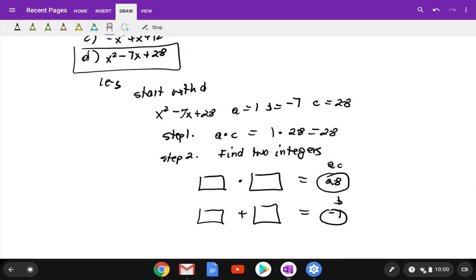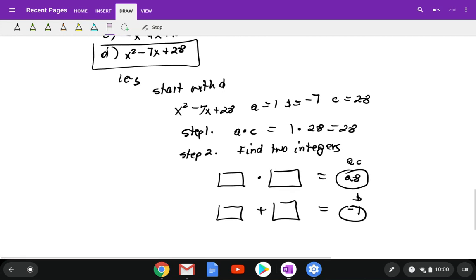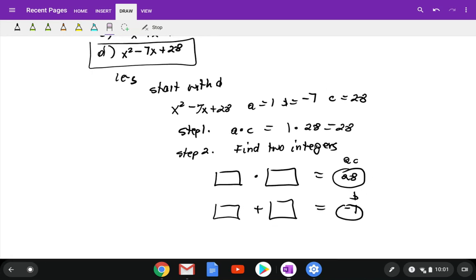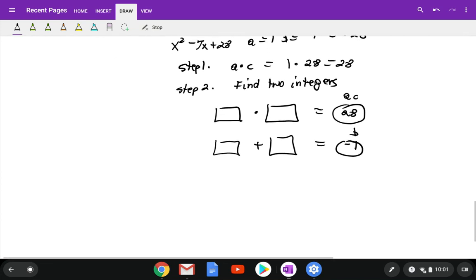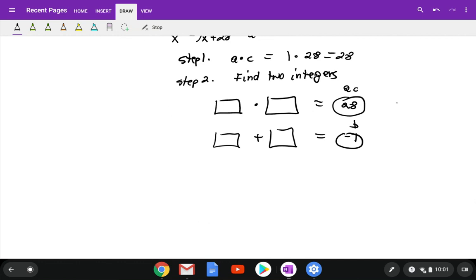Sometimes you just need to check what's going to work. 7 times 4 is 28, but 7 plus 4 is not equal to negative 7.